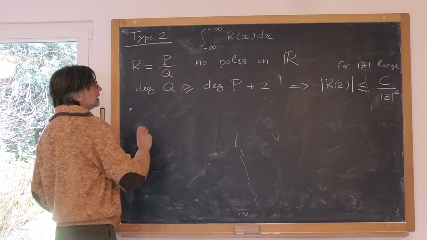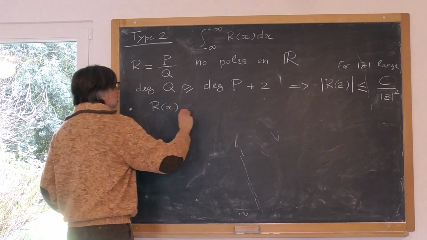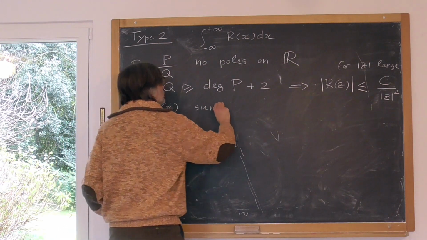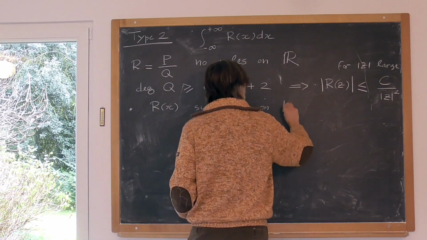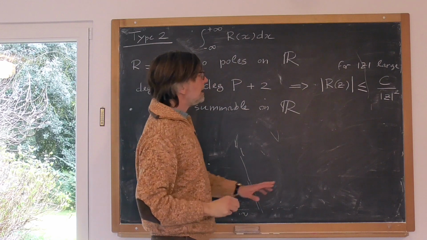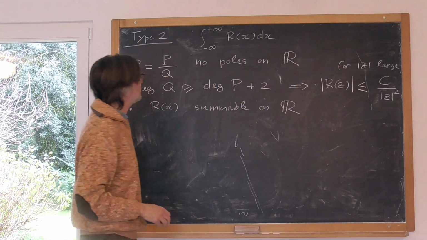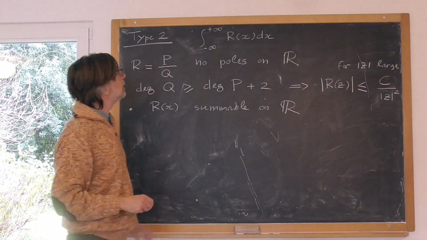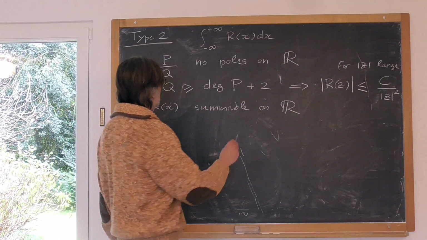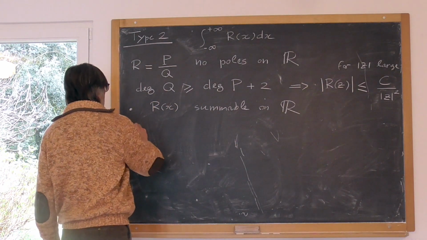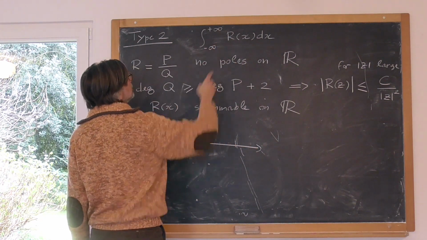The first thing, it guarantees that the function R of x is summable on R. We have power 2, and 2 is bigger than 1, so we have summability, so this integral is well defined. And secondly, it guarantees something when we compute this integral.